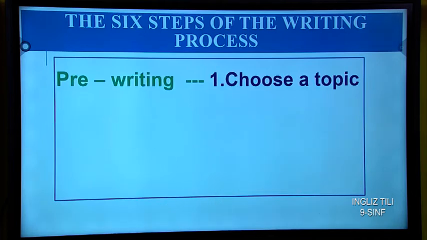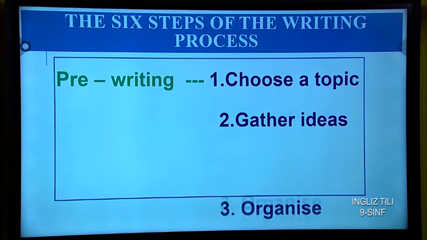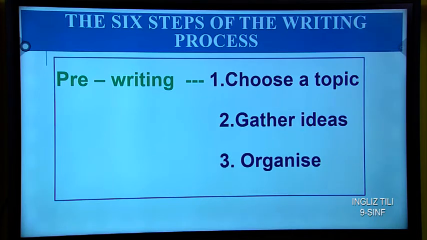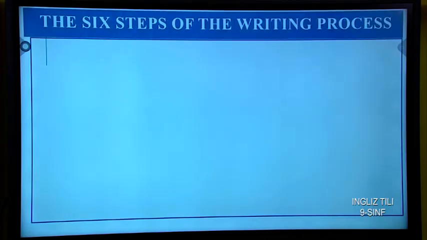First one, you have pre-writing. For pre-writing, you should choose a topic. Next one, it is gather ideas. You should gather all your ideas in one place. Third one, it is organize. Next, drafting.